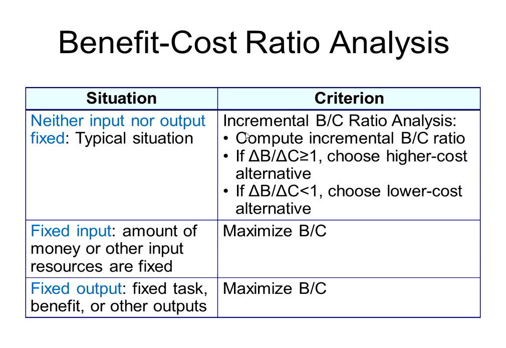So now let's take a look at how we apply it in different situations. The most complex situation is when neither input nor output is fixed, and that's the typical scenario. In that case, we do so-called incremental benefit-to-cost ratio analysis.